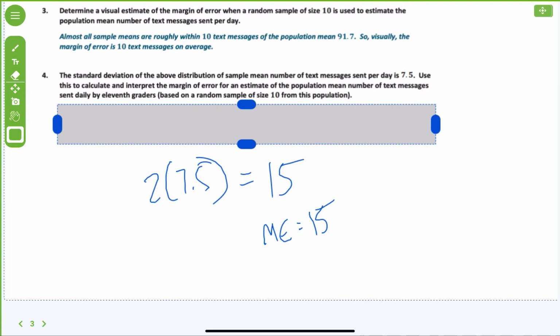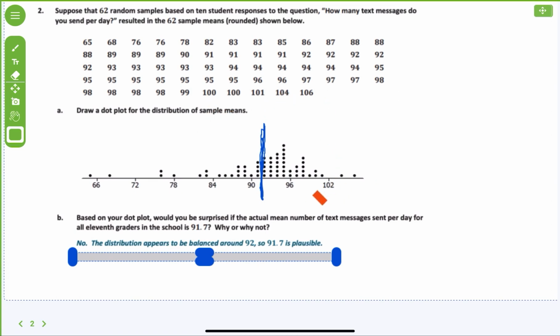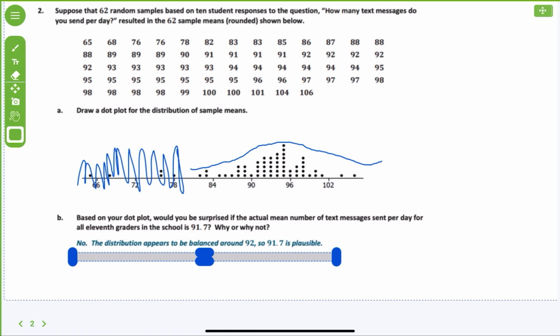Okay, now, does this make sense? Well, sure. Let's go back to it. Will the margin of error make sense? Yes, it would. And it would be almost exact if we could actually take away all of these down here. Show you what I'm talking about here. If we got rid of all of this, okay, and we just looked at this, this is pretty normally distributed now, okay?